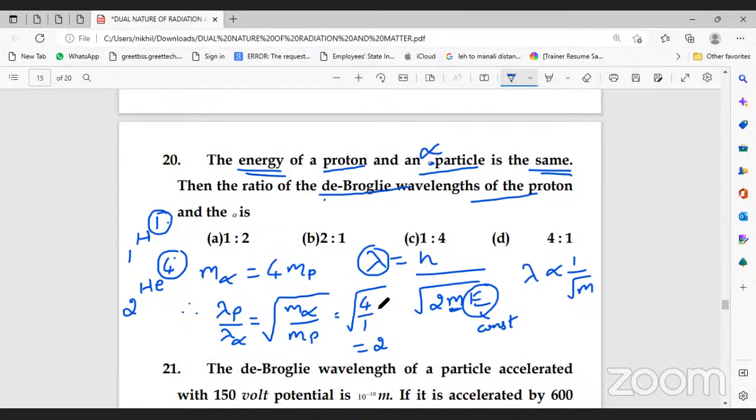So root of 4 by 1 will be 2, 2 by 1. So what will be the ratio? 2:1.